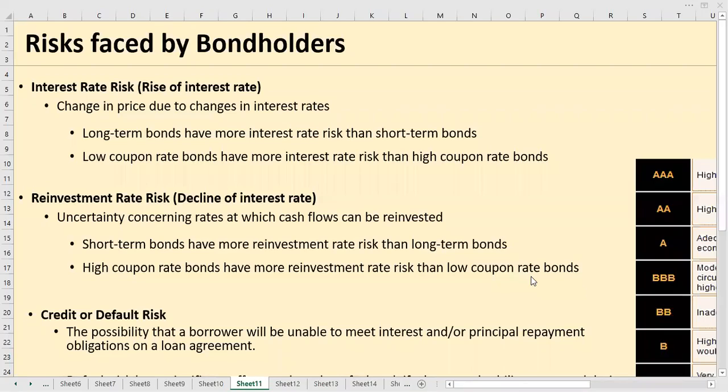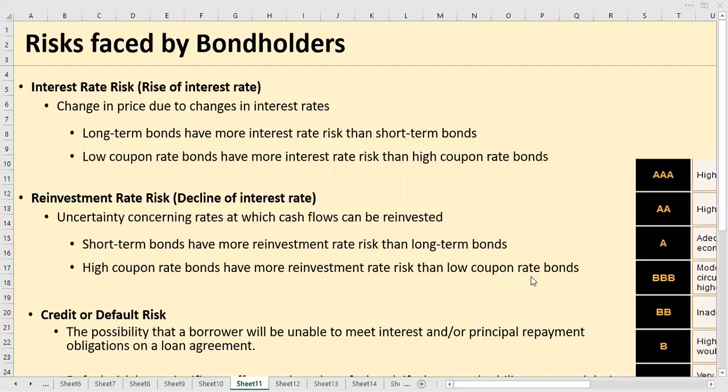When there is a low coupon bond, the difference between the coupon rate and the required rate of return gets higher and higher when the required rate of return is increasing. When there is a high coupon bond, the difference between the coupon rate and the required rate of return gets lower compared to the low coupon bond, even when the required rate of return is increasing.